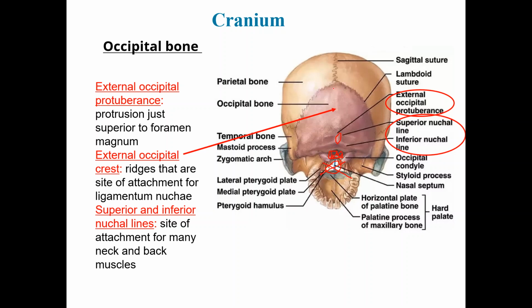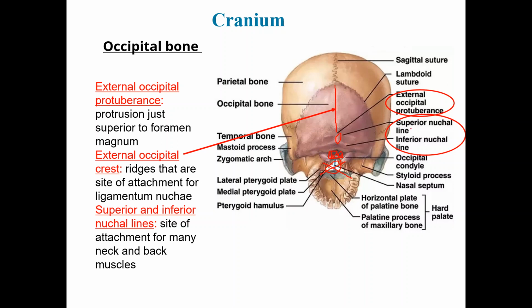Then we could recognize the external occipital crest, which is a ridge that is a site of attachment of the ligamentum nuchae, which is a ligament. All these ridges that you always see on bones are ridges for attachment of muscles and ligaments.